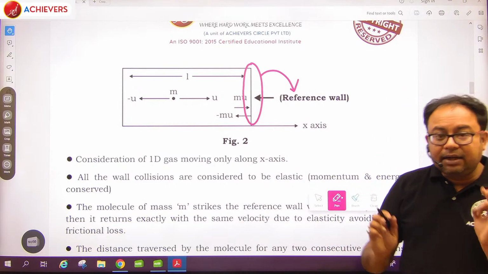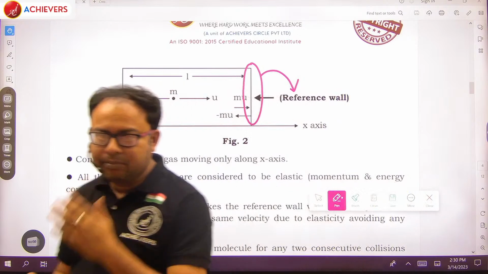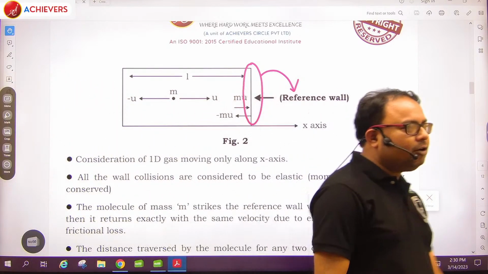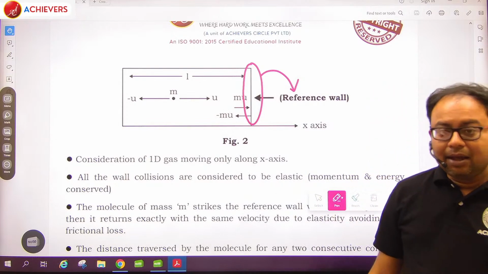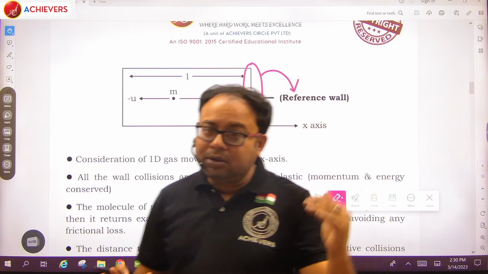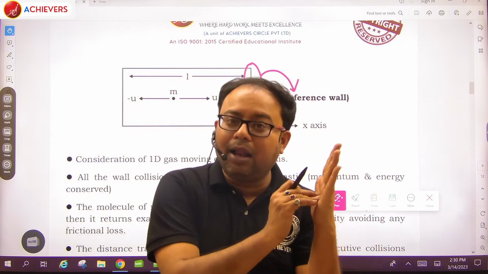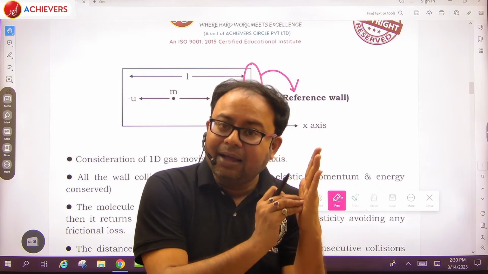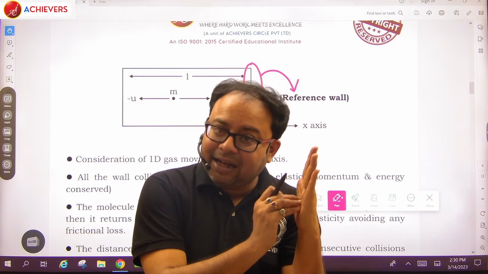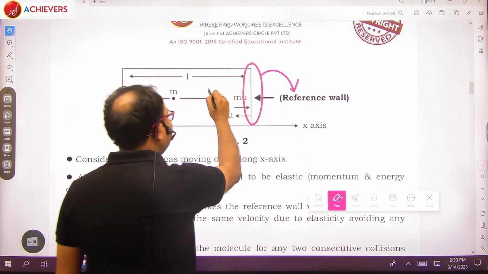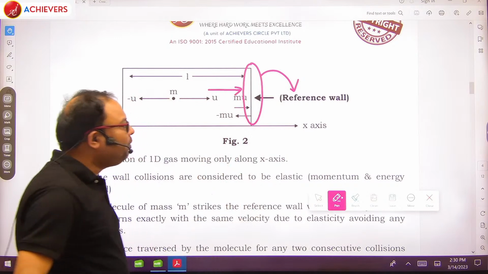And what is the definition of pressure? The definition of pressure is the force applied on the reference wall per unit area in a direction perpendicular to the reference wall.